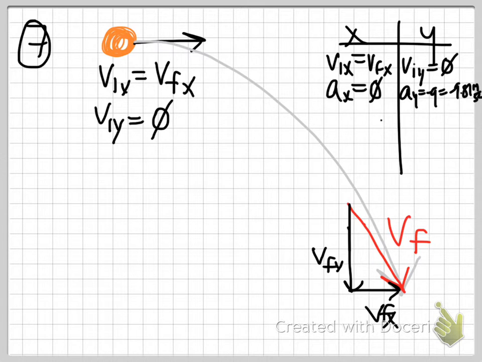And so let's see, where do we go from there? Well, can we find VFY? So right now, what we want is to find VFX, because we need VI, and we know that those two things are equal. So far, so good. Okay, so we know we want to do that. Well, if we had VFY, we could actually just use Pythagoras here.